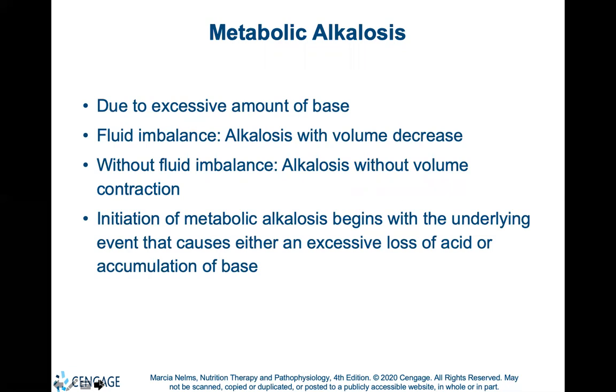Conditions that involve fluid imbalances include prolonged vomiting, nasogastric suction, or use of diuretics. Nasogastric suction may be seen in post-operative patients who are experiencing ileus. The nasogastric suction removes gastric secretions in prevention of vomiting or aspiration.